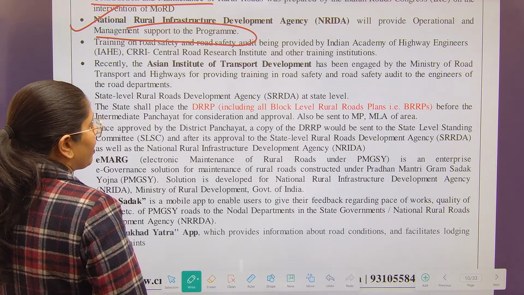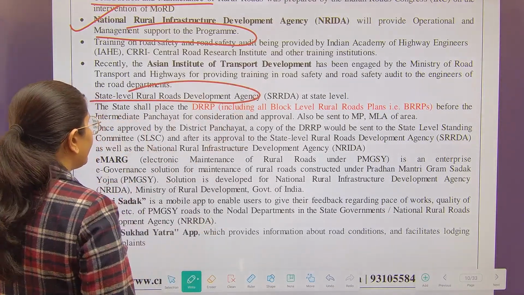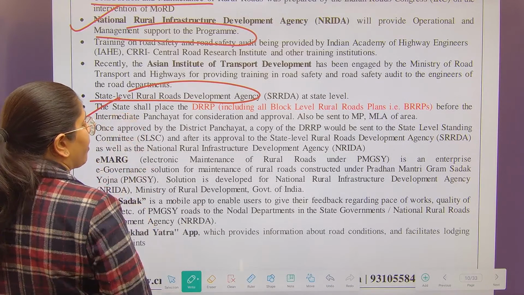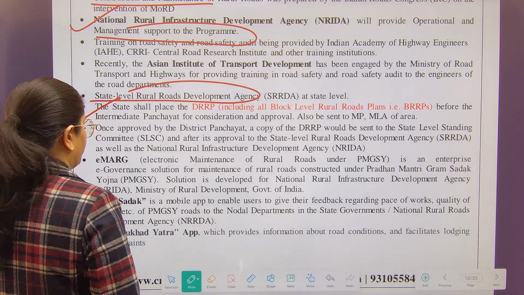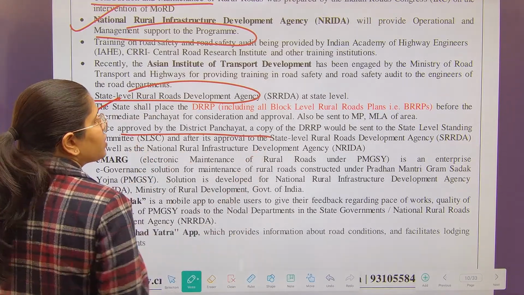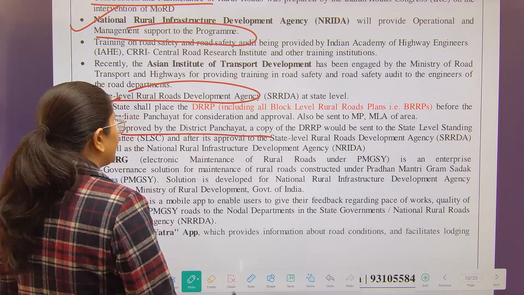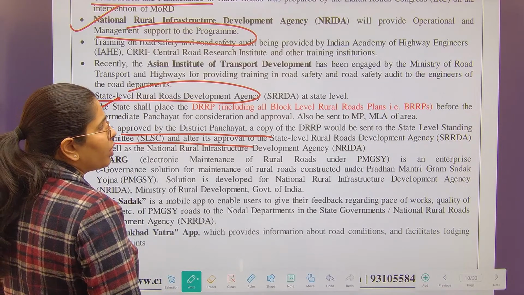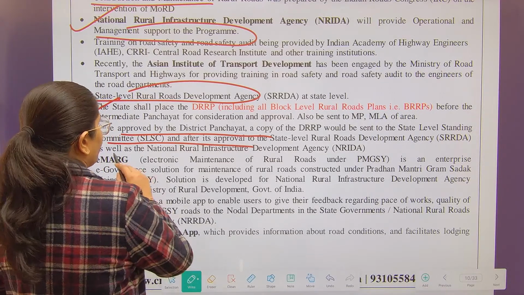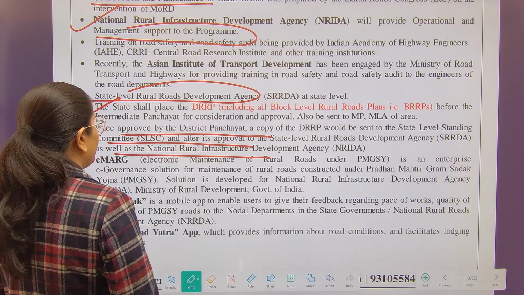The State Rural Roads Development Agency is the implementing agency at the state level, and similarly we also have district level implementing agencies for block level roads. Once approved by the district panchayat, a copy of the district road program would be sent to the state level standing committee, and once it approves, the State Rural Roads Development Agency will give it to the National Rural Infrastructure Development Agency.